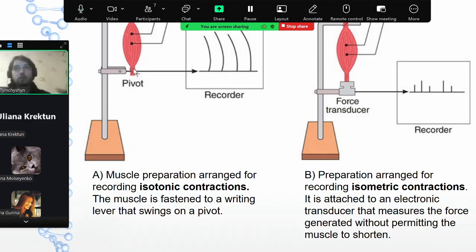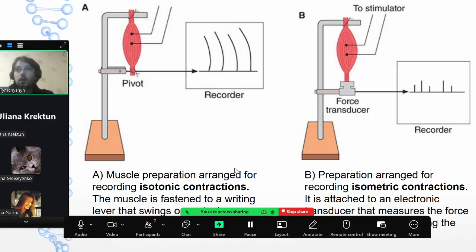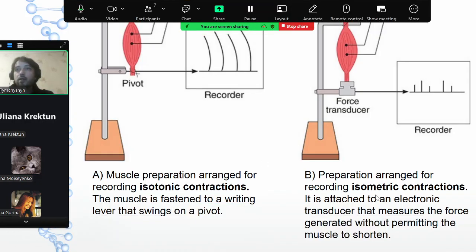So the muscle may change its length, and we are basically recording the length of the muscle under some constant load. While here is the other preparation, for the isometric contraction, where we don't let the muscle change its length, but we are recording the force that the muscle is exerting. That's called isometric contraction.